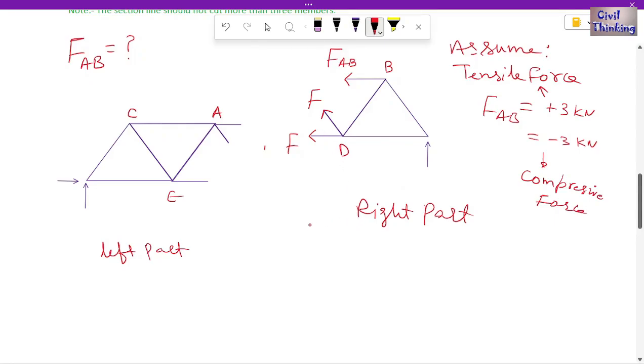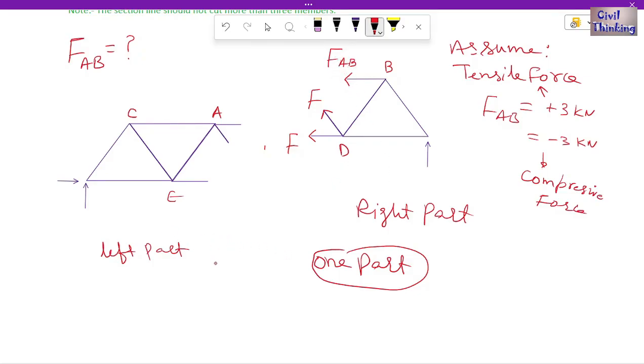Now, let us say we analyze the left part, because in the method of sections we only have to analyze one part, either left or right. If we choose the right part, we draw these arrows and denote the forces.